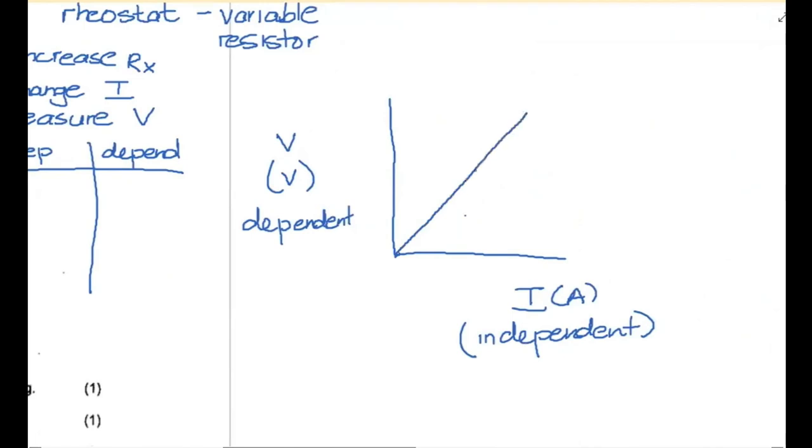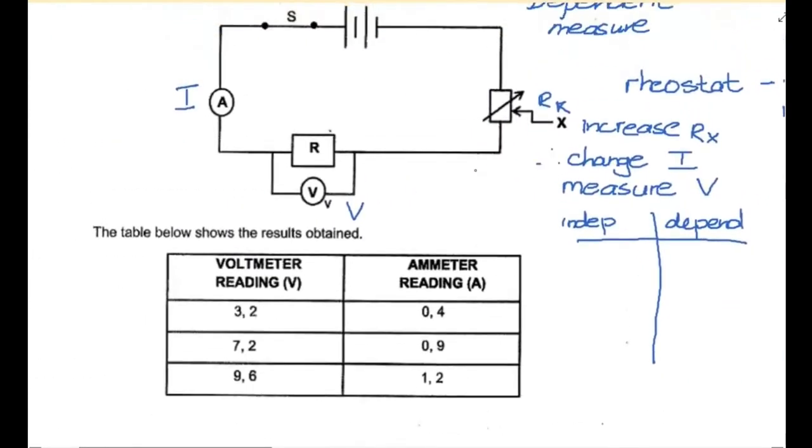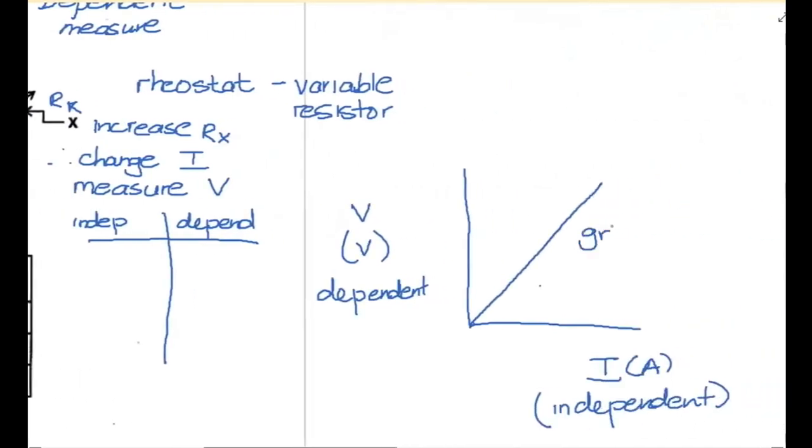So here, this experiment is where I is the independent variable, and the gradient is going to give me my R.